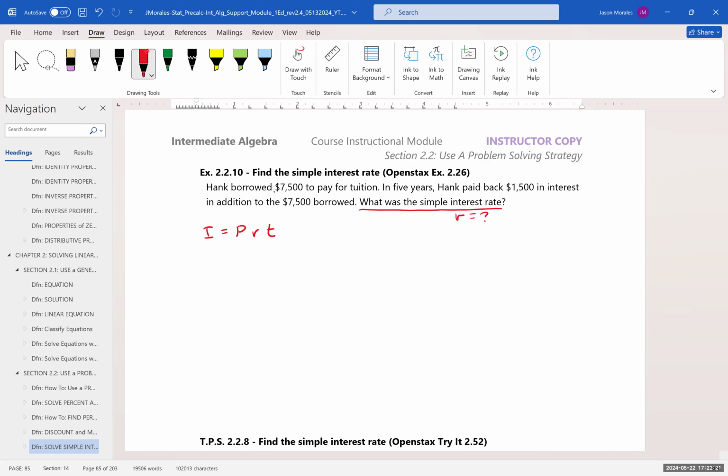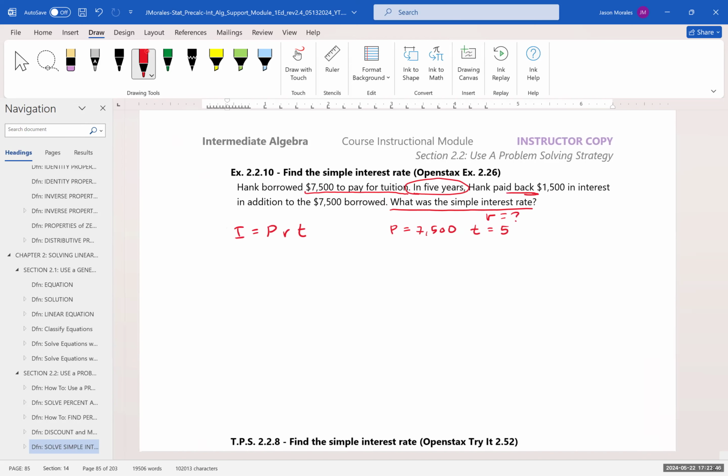Hank borrowed $7,500, so our principal, the amount that we started with, was $7,500. In 5 years, so our time is 5. Hank paid back $1,500 in interest, so I is equal to 1,500.